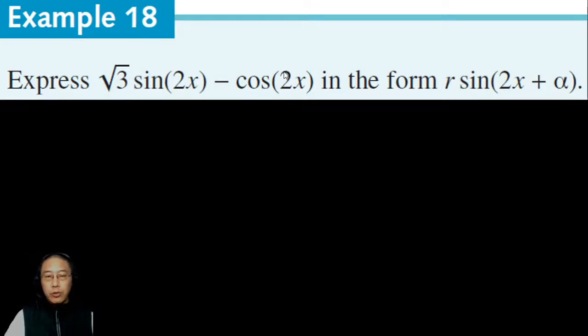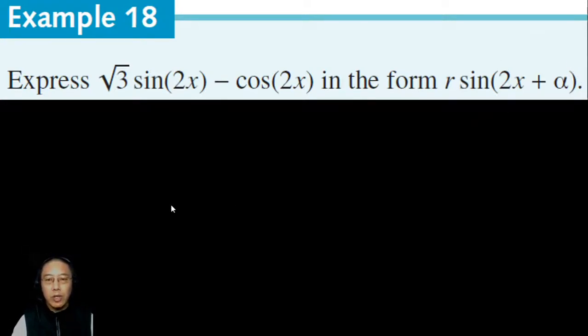Now, if you were to use the formula, I would just rearrange it to make cos on the left-hand side, and then determine the radius r and the a over r and b over r ratios to determine the angle beta in the formula. Now, here you have a 2x, which is kind of different. You can't really use the formula to express that.